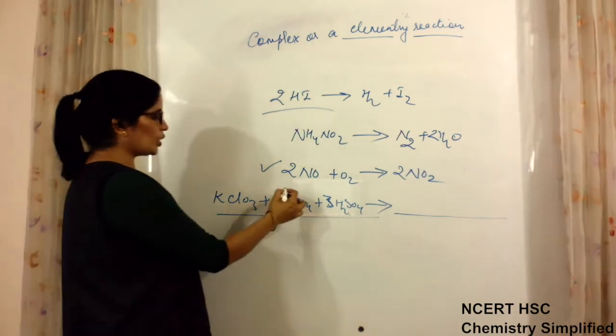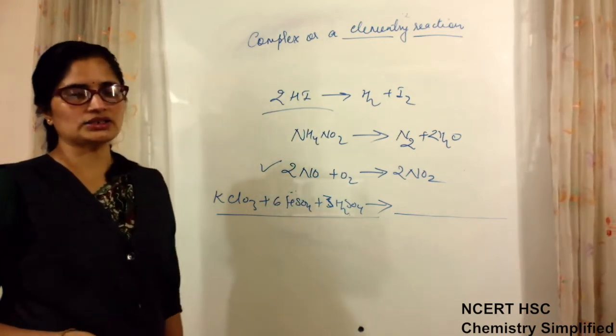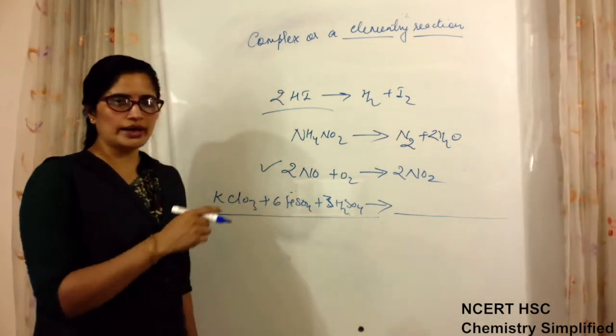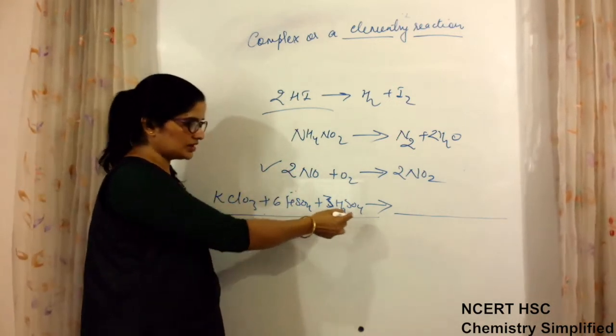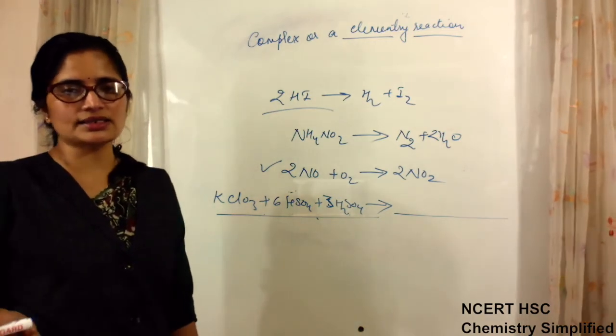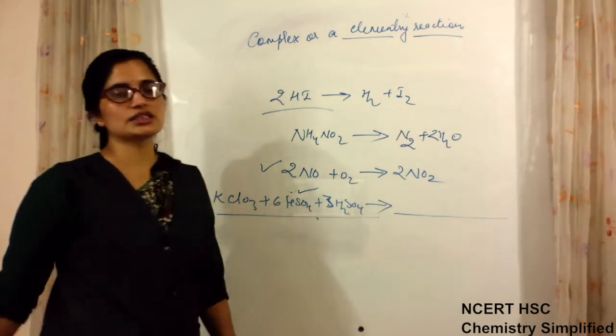So this is not an elementary reaction. This reaction is a complex reaction which definitely would have taken place in multiple steps. So the elementary reactions in these complex reactions will also be different. First step, second step, third step, like this it has occurred, and finally it is present in this form.